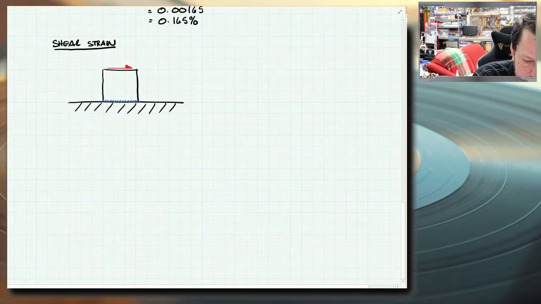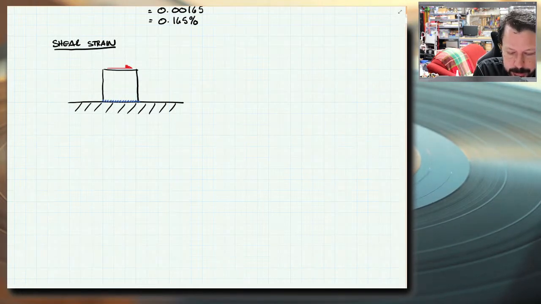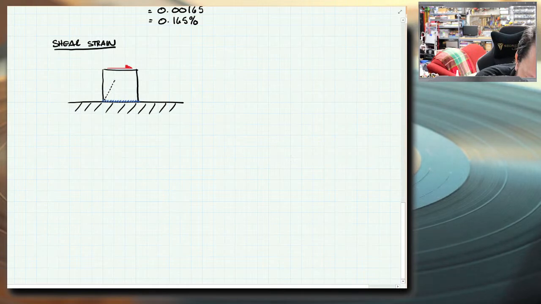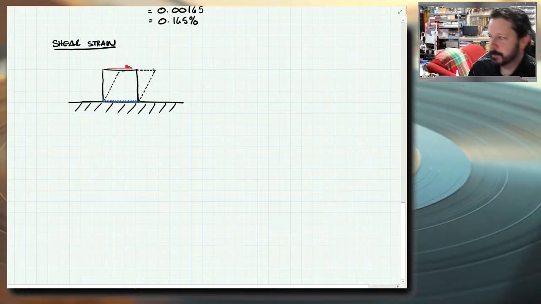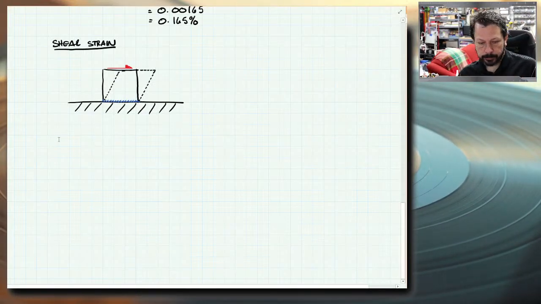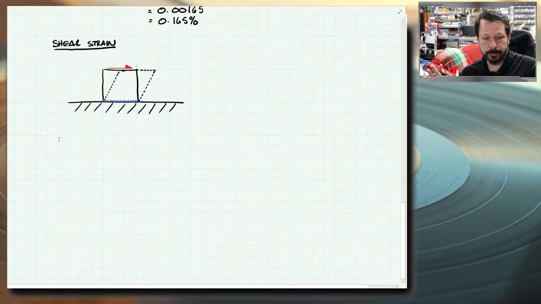If this block is soft enough and I push hard enough and it's bolted or welded or glued down to the floor, then it's going to change shape and look something like this. Something like that, right? So it has skewed over.